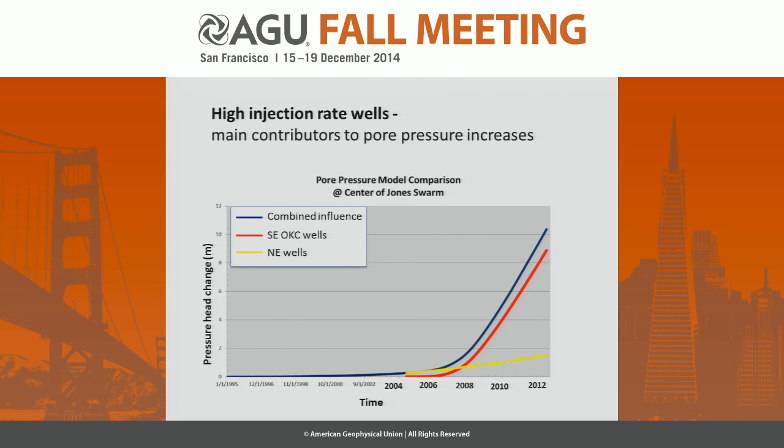And then the yellow line shows the pore pressure contribution from the rest of the group of wells in the northeast. And then the blue line is a summation of both. So what this primarily shows is that the high-rate injection wells contribute a significant portion of the pore pressure change. It's about 85% of the total.